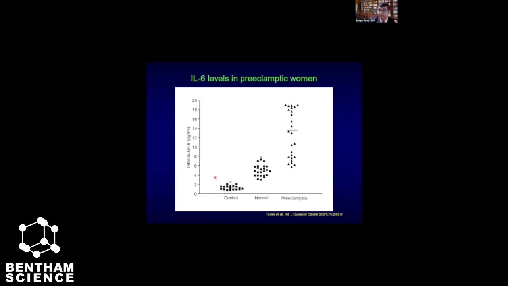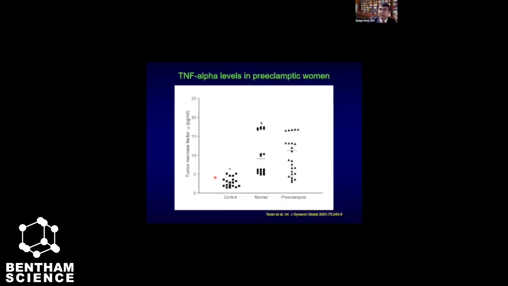We tried to complement these measurements with TNF-alpha, and we found something not as strong as with IL-6. However, the tendency was almost the same. Preeclampsia was related with higher levels of TNF-alpha compared to normal pregnancy and controls.